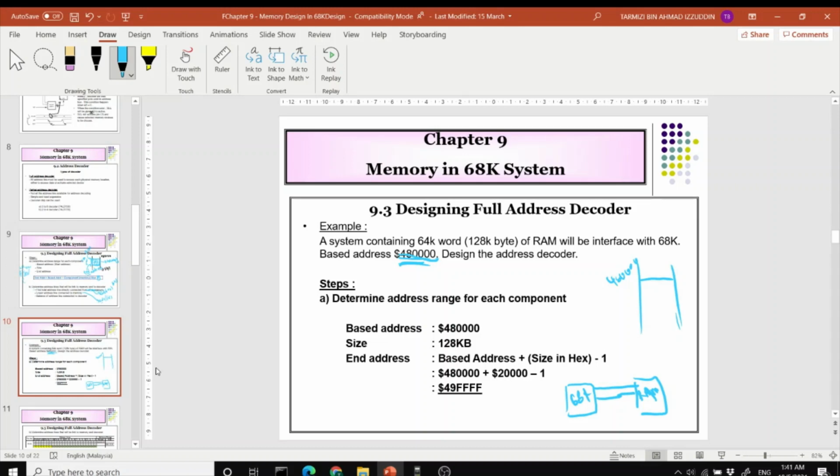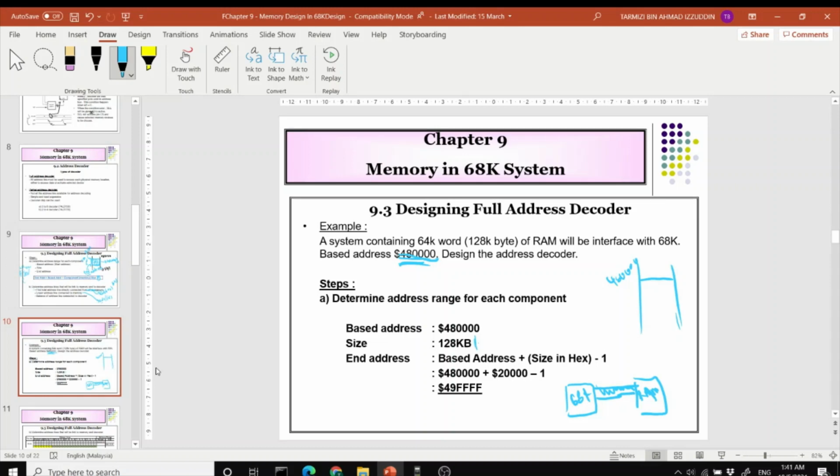So this is the address bus. And then once you identify the base address, you need to identify the size of the memory. The size of memory here is 128 kilobyte.